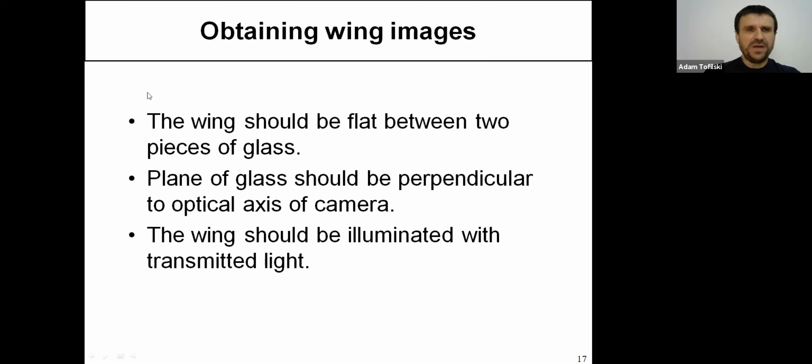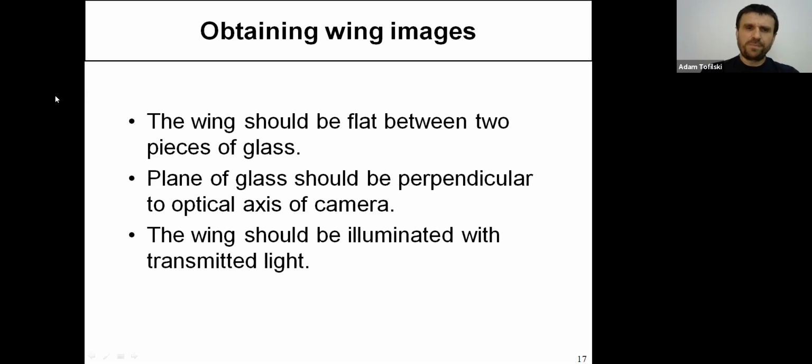So when you obtain the wing images, it's important to get good quality and to avoid some distortions. It's important that the wing is flat, because normally it's not perfectly flat. And if you don't put it under glass, it can be twisted. And on a twisted wing, the angles and the distances will be different.